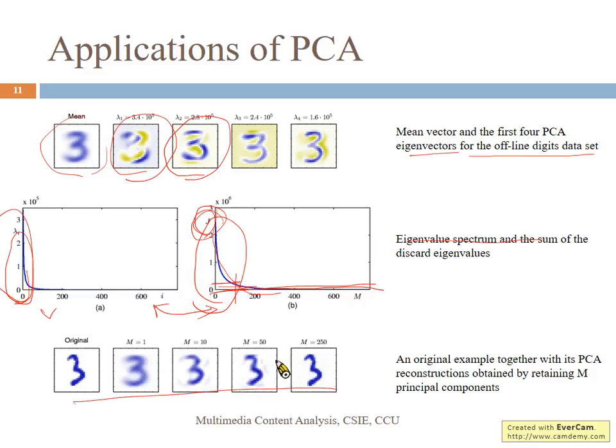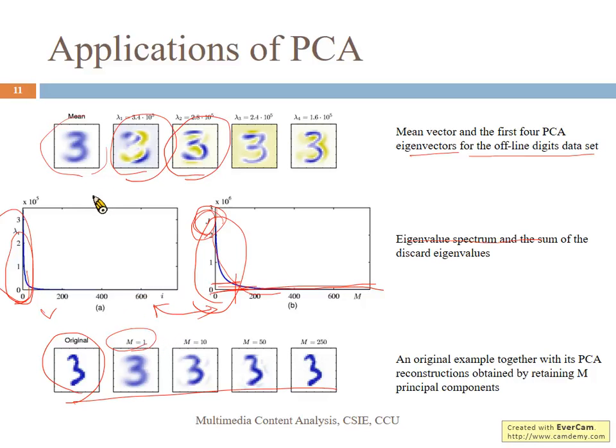So here is the reconstruction result. Given the original image, we can reconstruct it based on the eigenvectors. Every image can be represented as a linear combination of the lower dimensional representation and the projection difference. If we reconstruct these images based on only one eigenvector, then we get the average one.